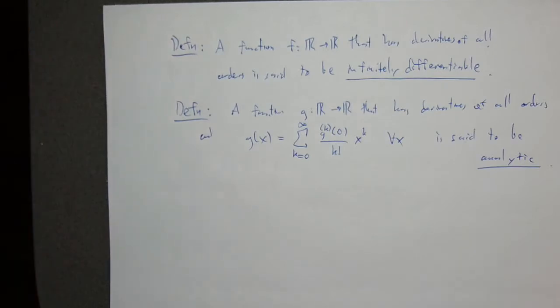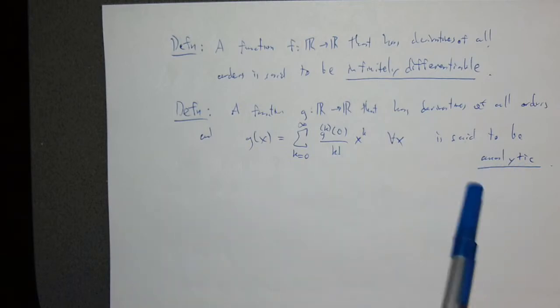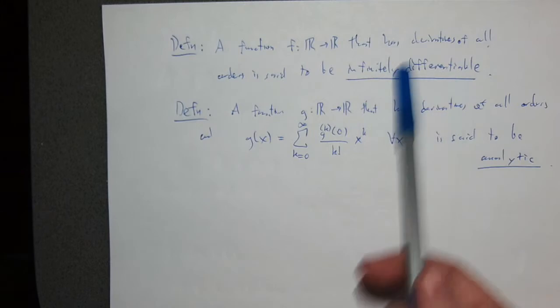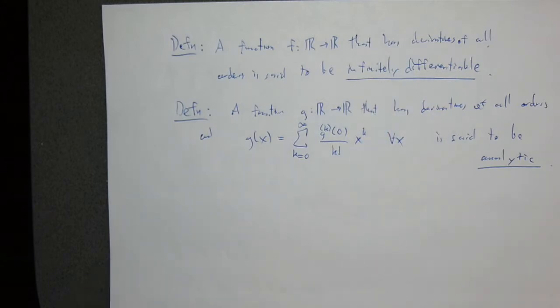Phrased in another way, a function g that has a power series or Taylor series expansion like this is said to be analytic. A function that has a Taylor series expansion about 0 like this is said to be analytic. A function that has derivatives of all orders is said to be infinitely differentiable.